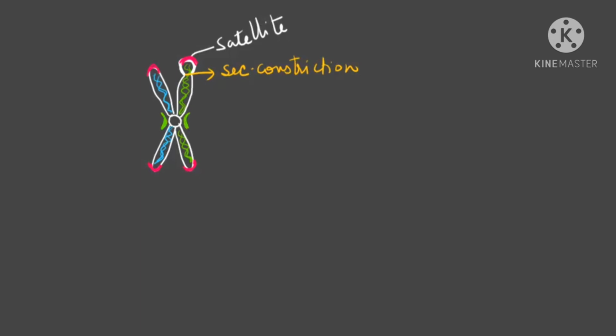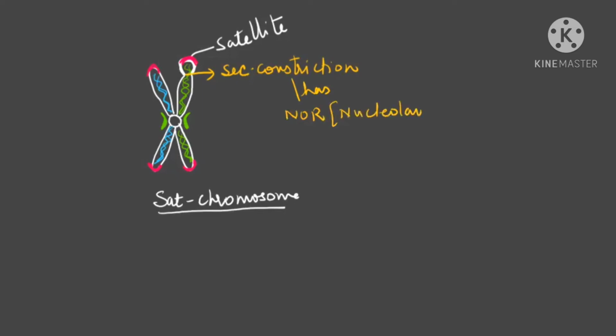Now, because of this satellite, this chromosome is known as SAT chromosome. These are the SAT chromosomes. They have a secondary constriction which has the NOR region. NOR region means nucleolar organizer region.